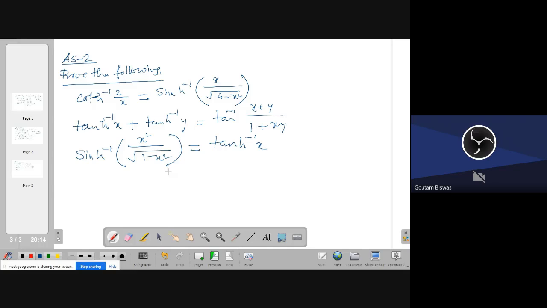Okay, so these three, submit it by 25th, 12 to 20. Yes. Okay, next, fourth page.